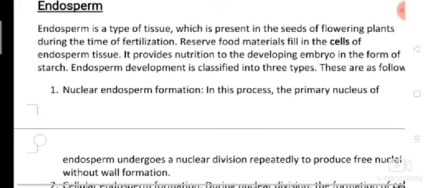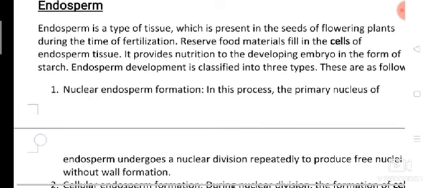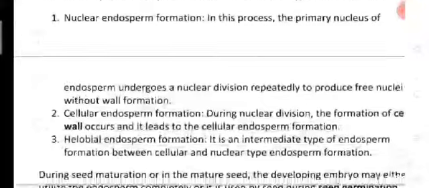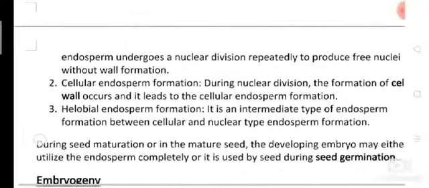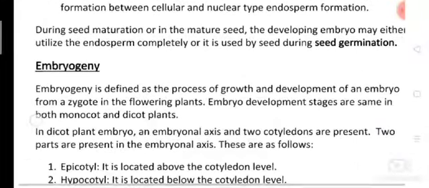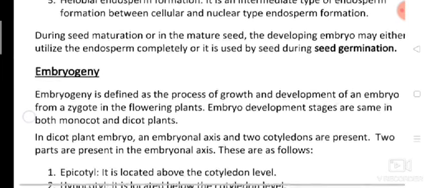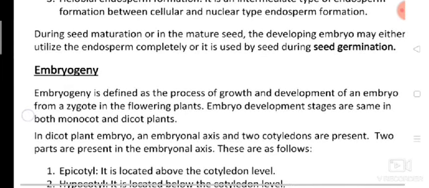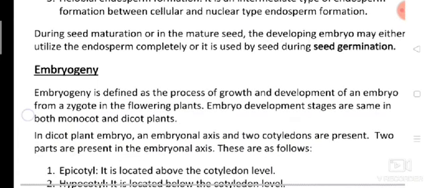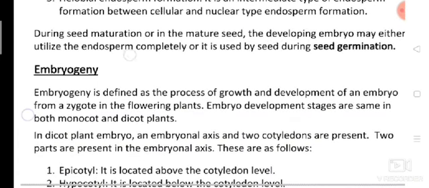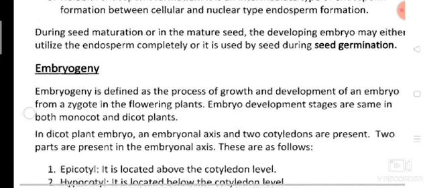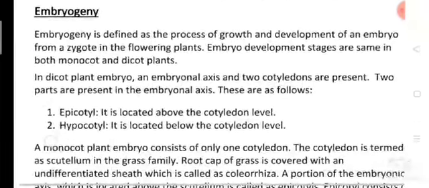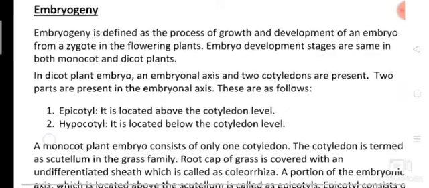These are as follows: nuclear endosperm formation, cellular endosperm formation, and helobial endosperm formation. During seed maturation or in the mature seed, the developing embryo may either utilize the endosperm completely or it is used by the seed during seed germination. Embryogeny.